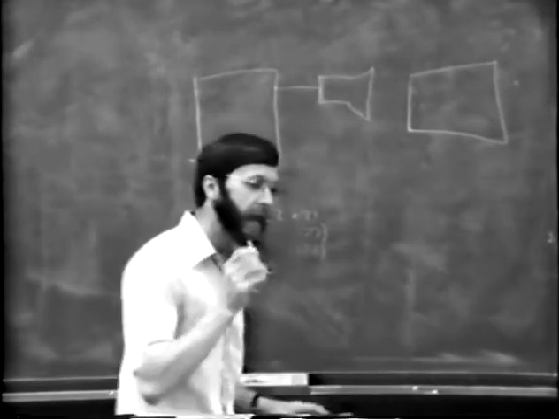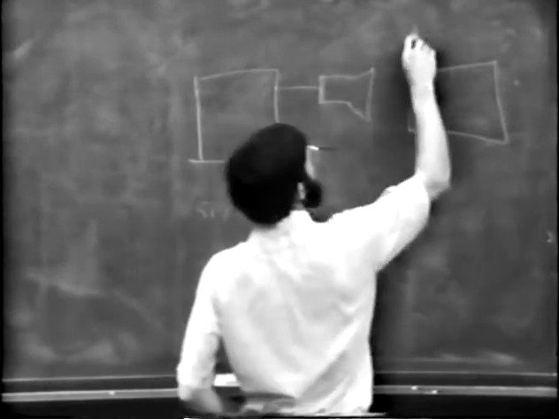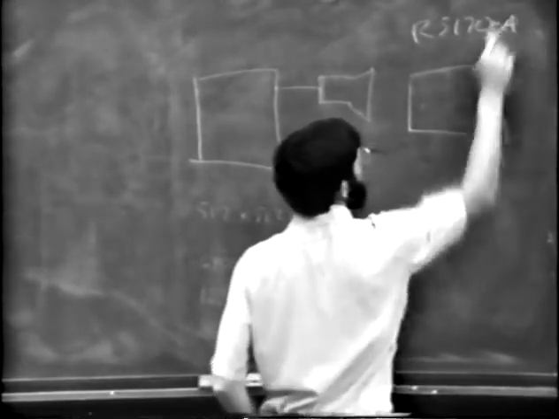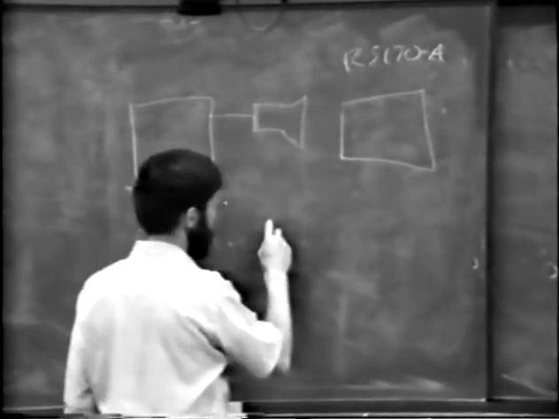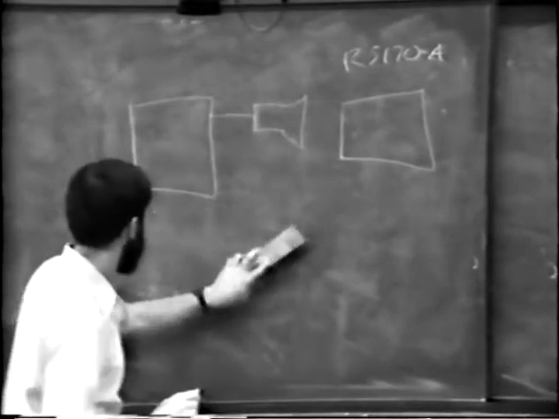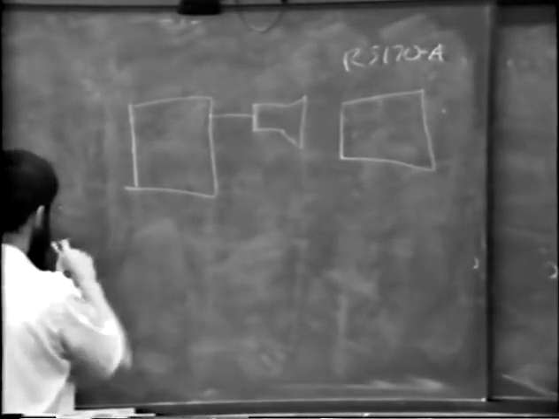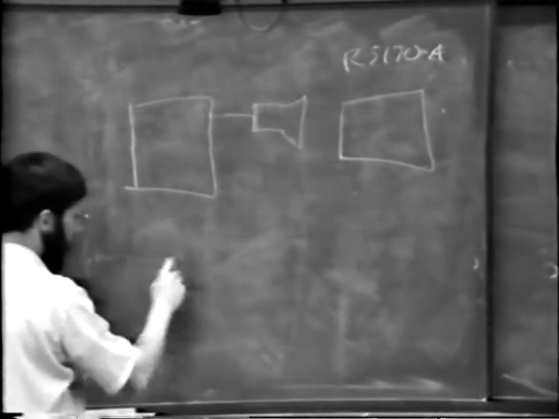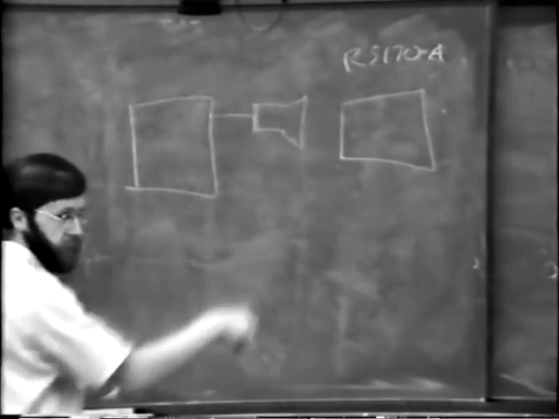Now, there are standards on what goes in the video signal. The standards are called RS-170A, unless they've got a new one nowadays. Now, most of you are familiar with this. On a video scan line, excuse me, on a video signal, you've got some signal having to do with the vertical retrace, and you've got a color burst, and then you've got the data on the line, and then you've got a blank signal, and so on to the next scan line.